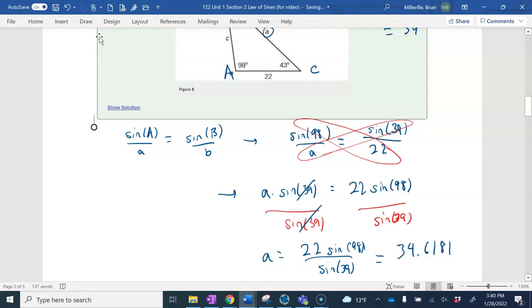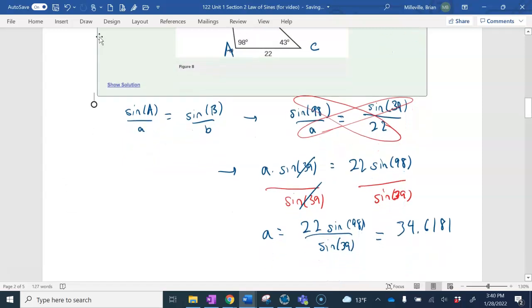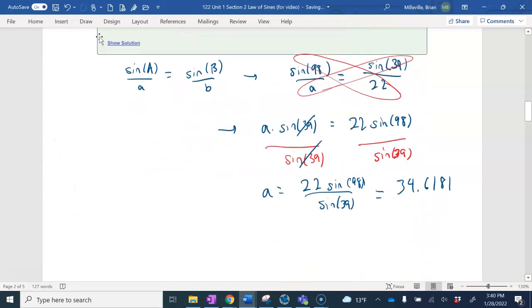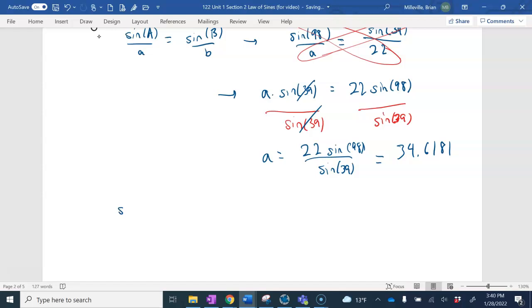To find the other one, we again have to apply the law of sines for this example. We cannot use the Pythagorean theorem because we do not have a right triangle here. So we're going to do a very similar thing with angle C and side length C. Let's stick with using side B because we know that one. So sine of capital C over little c will then equal sine of capital B over side length little b.